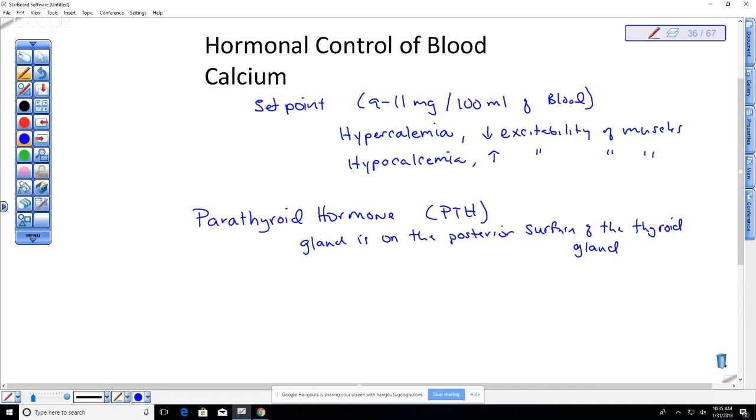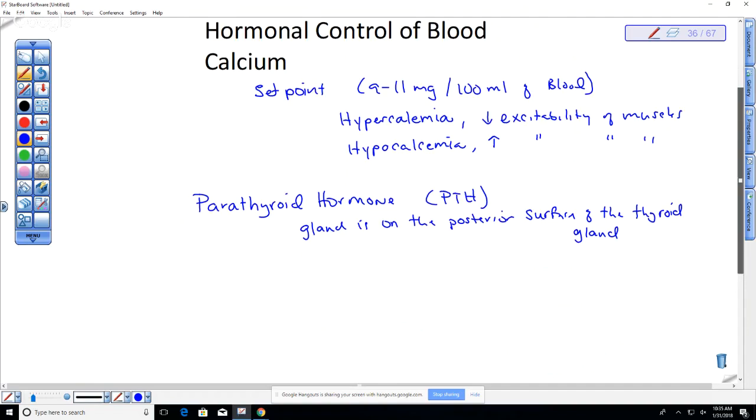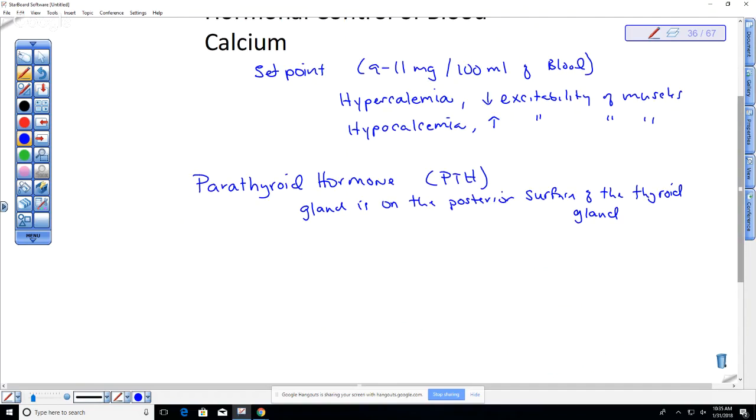So this hormone is responsible for the activity of the osteoclasts. So let's say we have a low blood calcium level. This stimulus would be picked up by receptors.